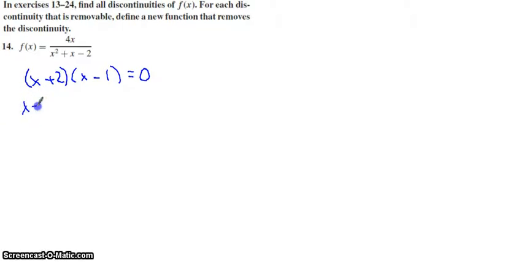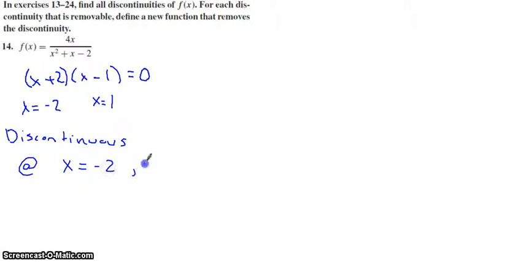X equals -2 makes the first factor 0, and x equals 1 makes the second factor 0. So what we can say right now is that our function is discontinuous at these two values, x equals -2 and x equals 1.